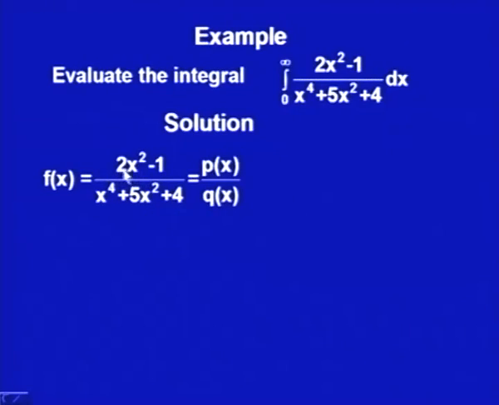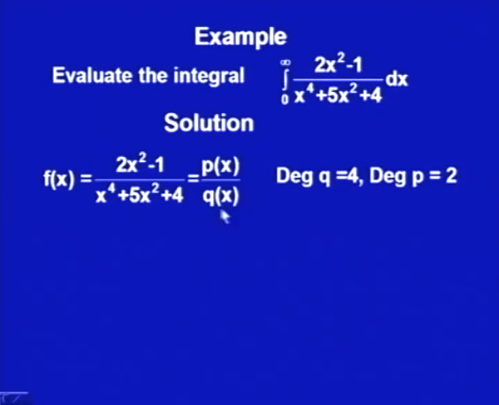P x is 2 x square minus 1, a polynomial of degree 2. The q x is x to the power 4 plus 5 x square plus 4, also a polynomial, of degree 4. So, the degree of q is 4, the degree of p is 2, so the difference is 2. We want it to be at least 2, so it is satisfying the conditions of the method I just explained.